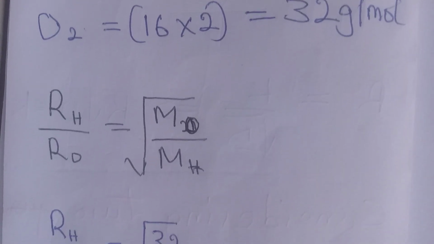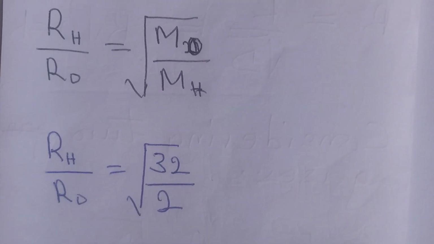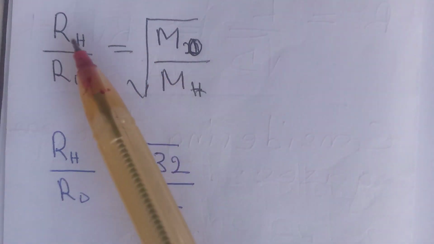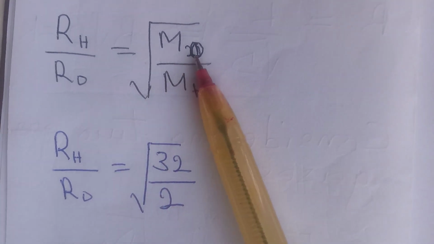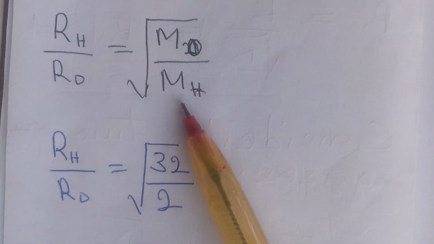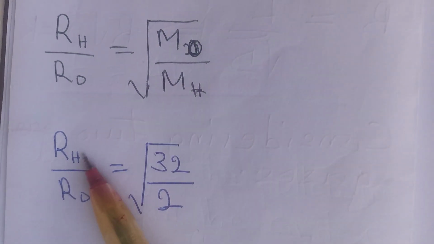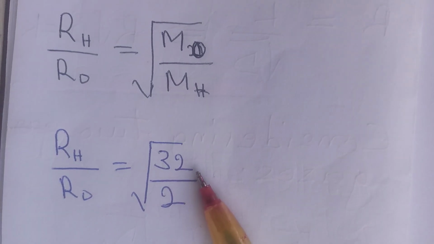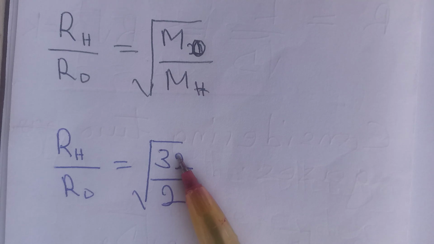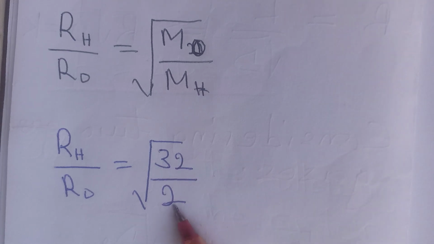Now, if you write out Graham's law of diffusion and substitute, the rate of diffusion of hydrogen over that of oxygen will be equal to the square root of the molar mass of oxygen, 32, over that of hydrogen, which is 2.